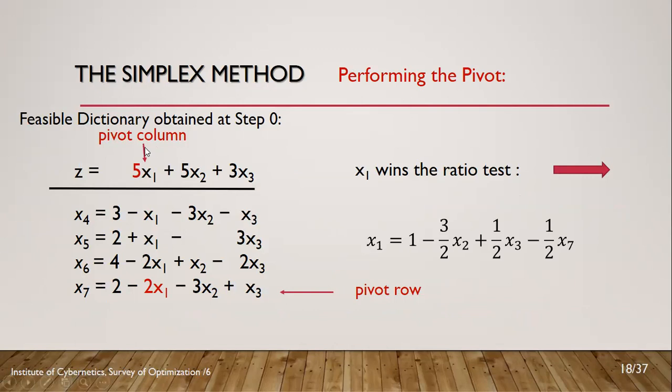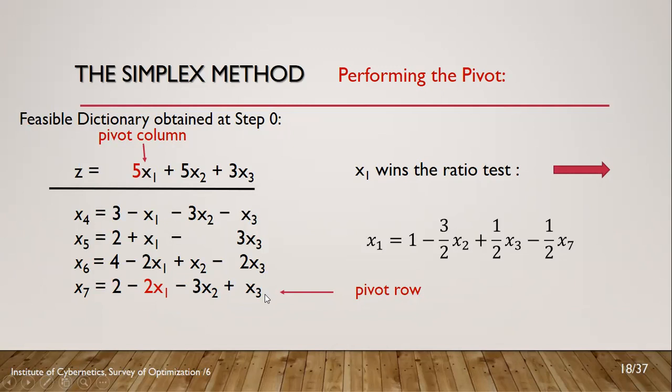Therefore, the column which corresponds to this variable is referred to as the pivot column. Then based on the ratios, the smallest ratio, remember, corresponded to this row. This row is called the pivot row because x of 1 wins the ratio test.